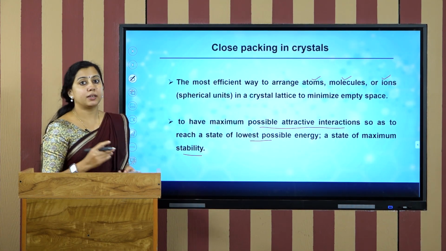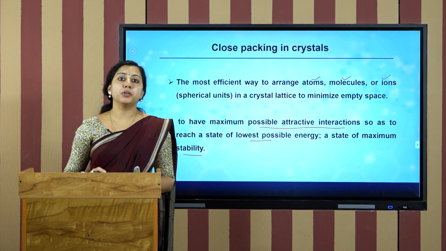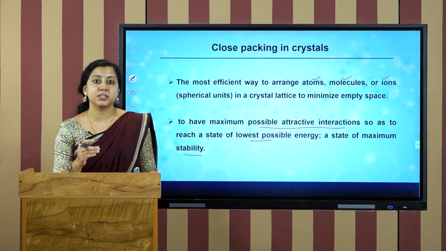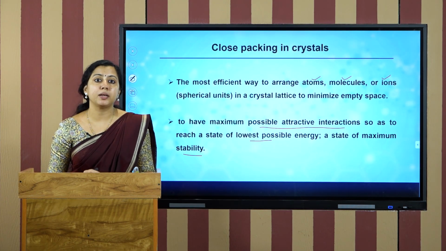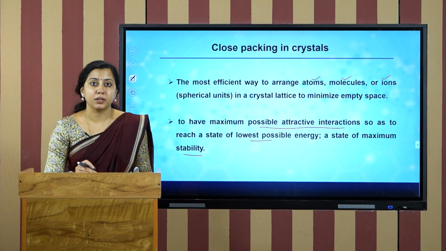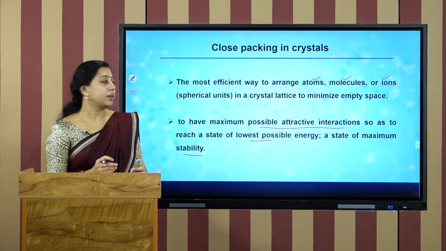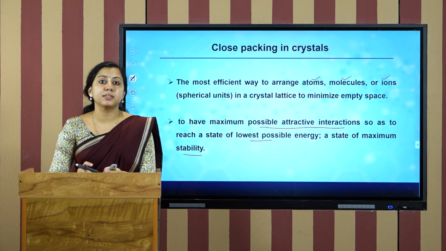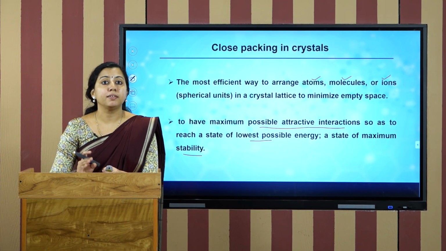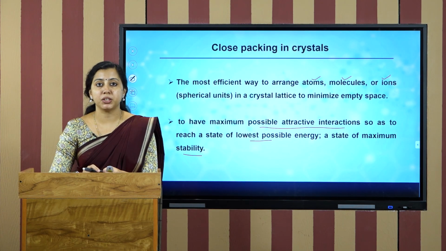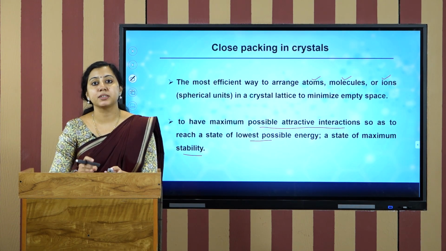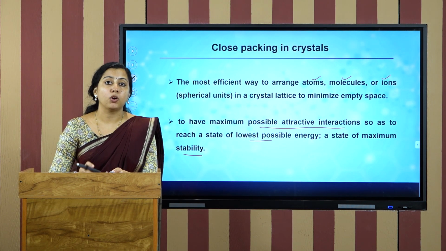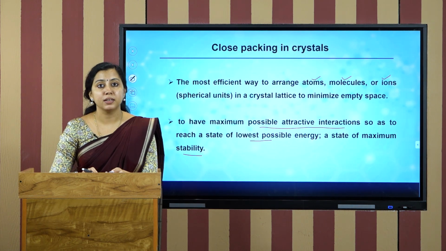So, in a crystalline lattice, the structural units such as atoms, ions or molecules, which we consider as rigid spheres, are very closely packed to minimize the empty space. And why are they so closely packed? In order to have maximum possible attractive interactions. And when there are maximum attractive interactions, they will reach a state of lowest energy, and a state of lowest energy means a state of maximum stability. This is referred to as close packing or closest packing of spheres in crystals.